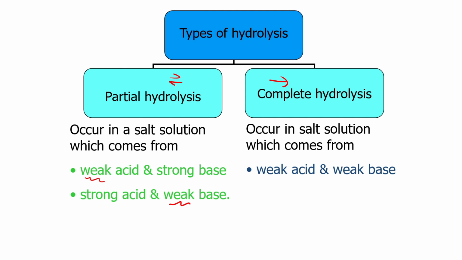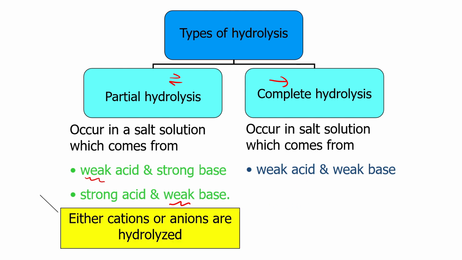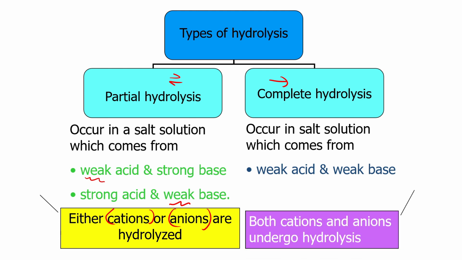Kalau complete meaning come from both are weak. For partial hydrolysis, hanya satu saja yang akan undergo hydrolysis, whether cation or anion. Complete hydrolysis, both cation and anion undergo hydrolysis. That's why kita panggil dia complete hydrolysis. Yang ini hanya satu saja, that's why kita panggil partial hydrolysis. Okay, so untuk syllabus kita tak akan ada complete hydrolysis.